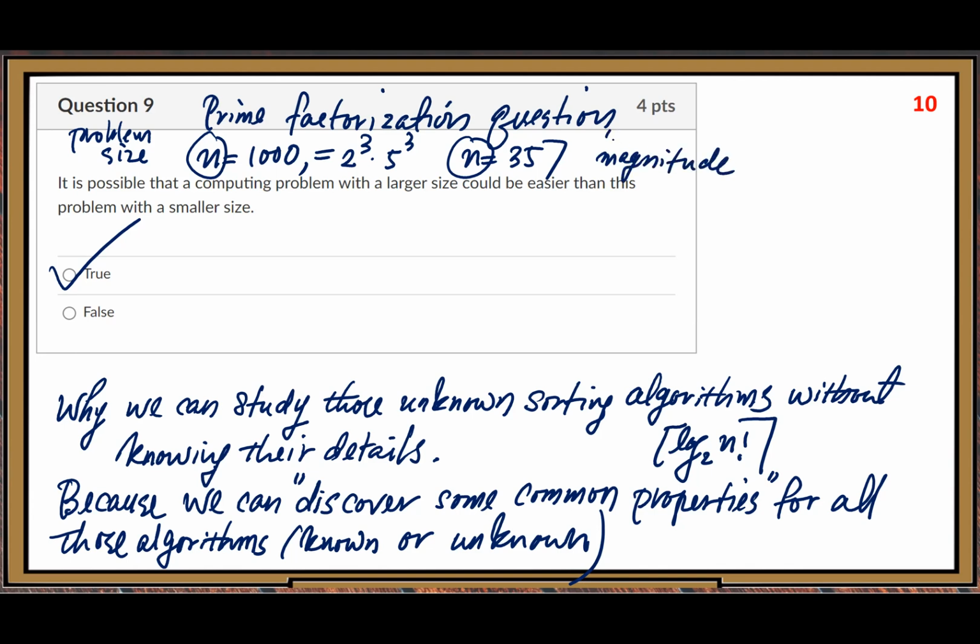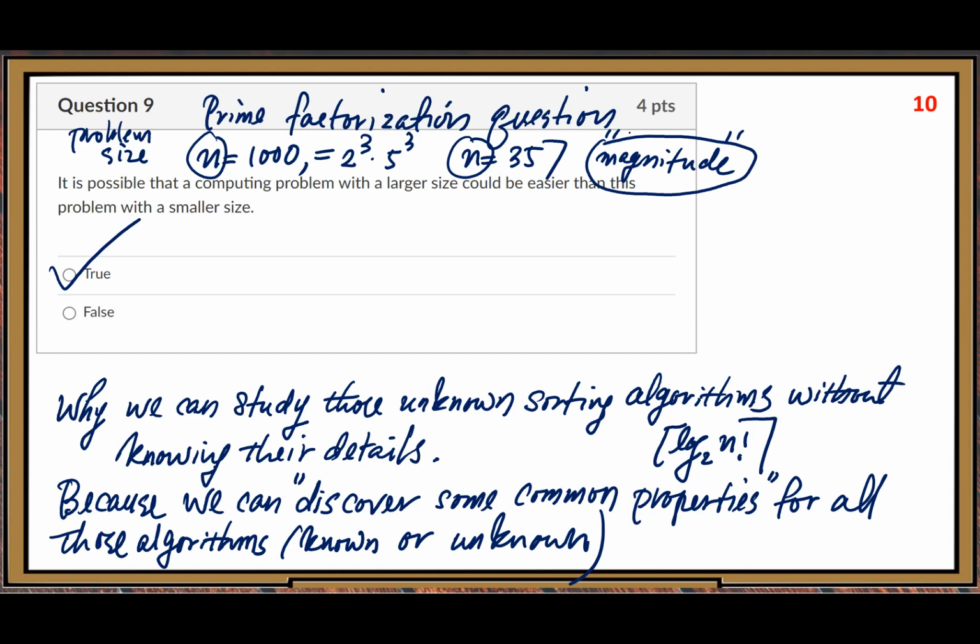So there is another possibility when we talk about problem size: we use magnitude. It is a valid problem size. I used this example before, so if you still remember that, you can choose the right answer.